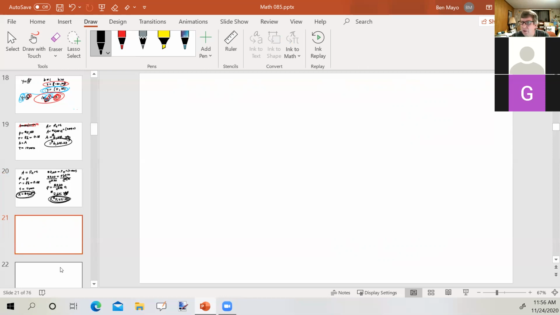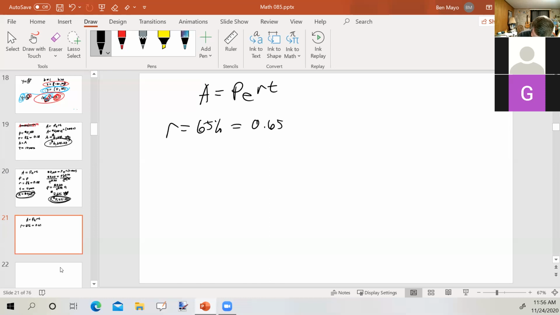All right, so we're talking about an exponential growth problem. So we're going to use A equals P times e to the rt power. It says it grows at a rate of 65%, and that's per week.